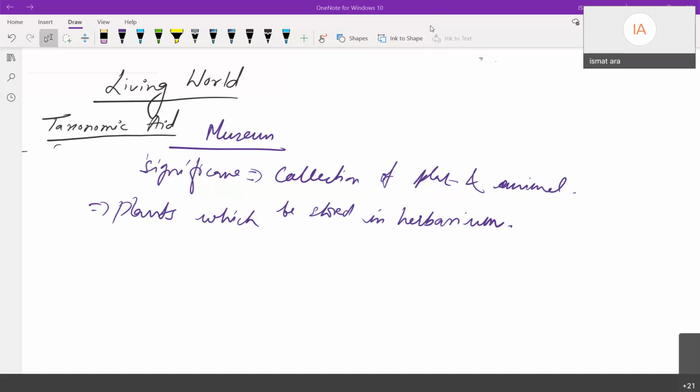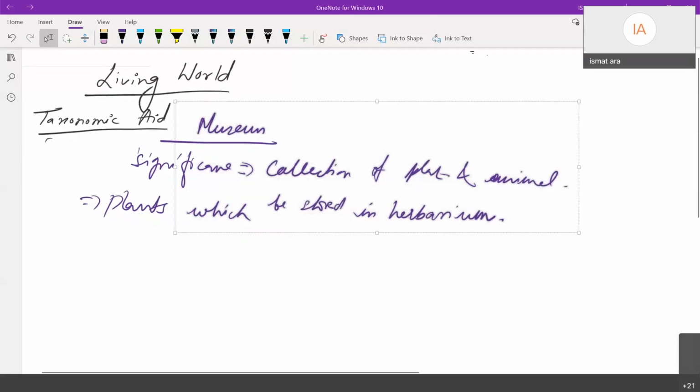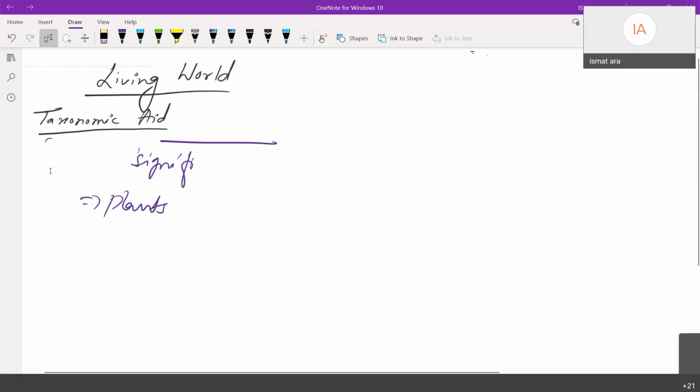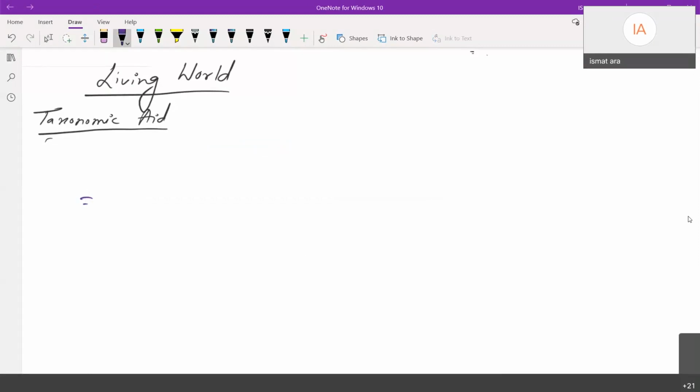So our last taxonomic aid is zoological park. So what is the function of zoological park here?